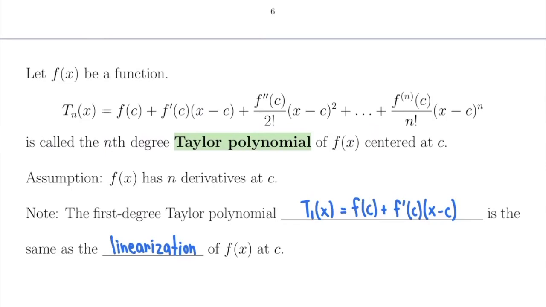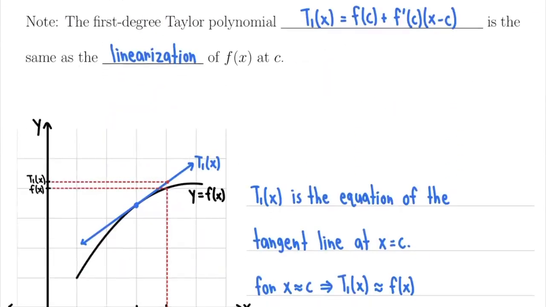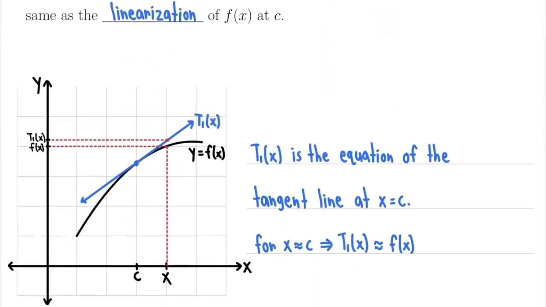So I said c is like the shift earlier, but you could also think of c as the point of tangency. c is where the series begins to converge onto the function and it begins to look more like the function. So again, if you have a curve like this f of x right here, this would be the linear approximation.